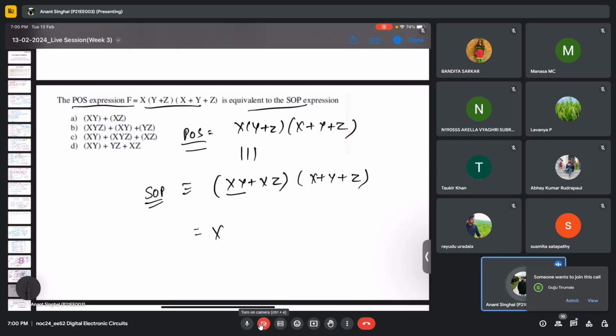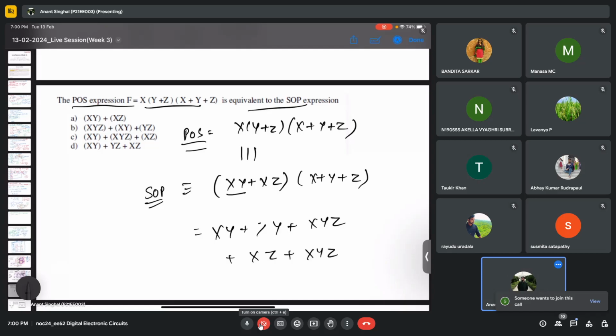So first term will be xy, the second term will be again xy, third term will be xyz, fourth term will be xz, fifth term will be xyz, and the final term will be xz. So again xy is common, so this is xy, xyz is common, this is xyz, and then xz is common, so this is xz. So yeah, this is C. This was quite easy.